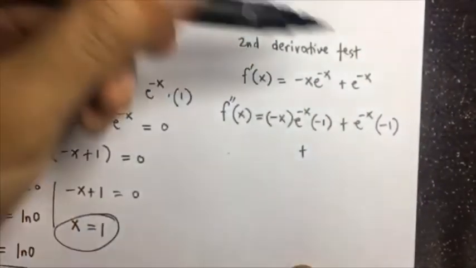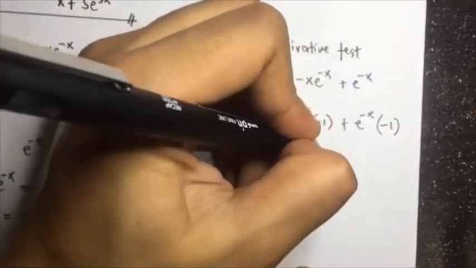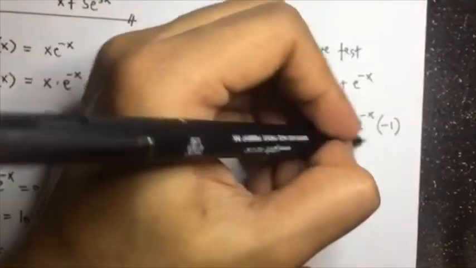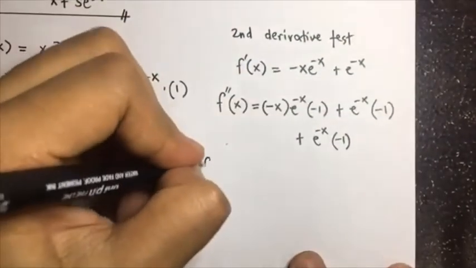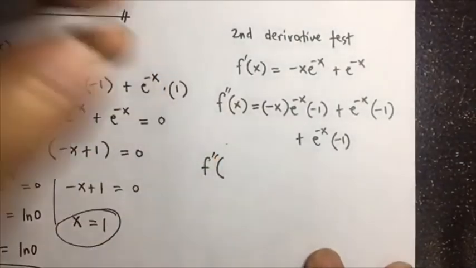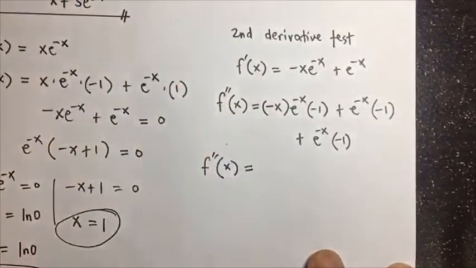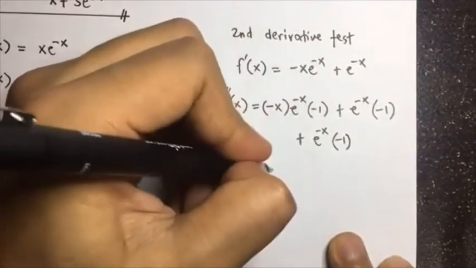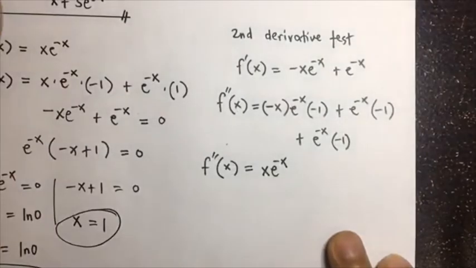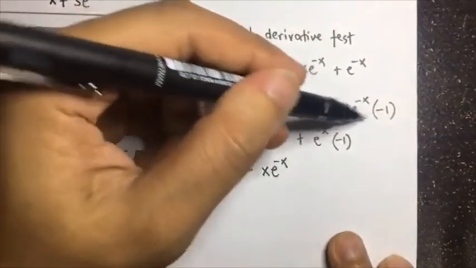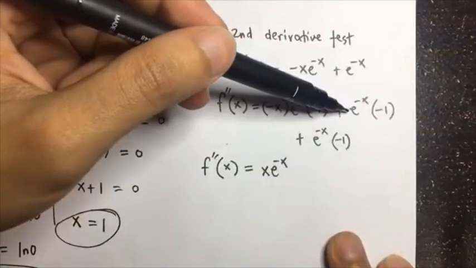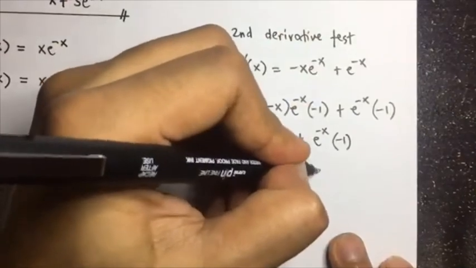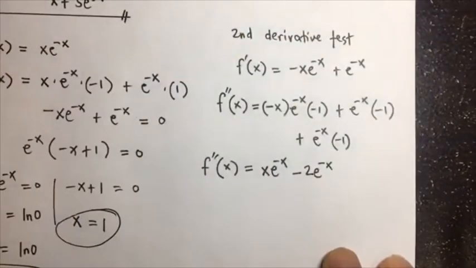Plus the derivative of e to the negative x is e to the negative x times negative 1. So if we simplify, the second derivative becomes positive x e raised to the negative x, minus e to the negative x, and then minus e to the negative x, so minus 2 e to the negative x.